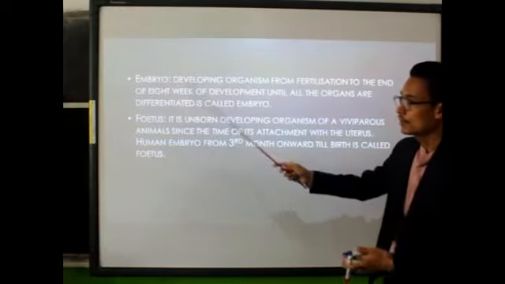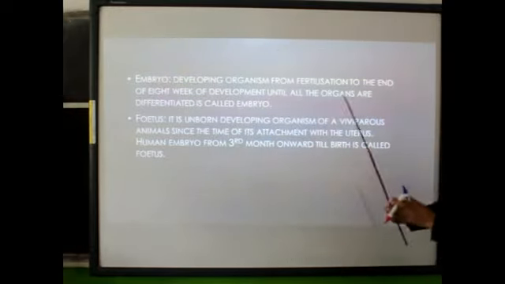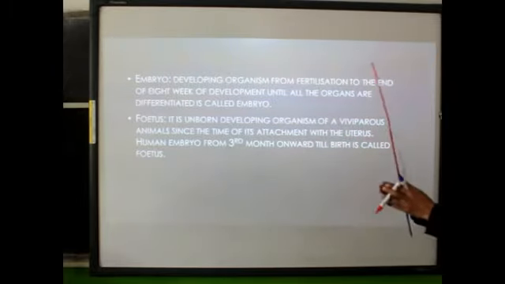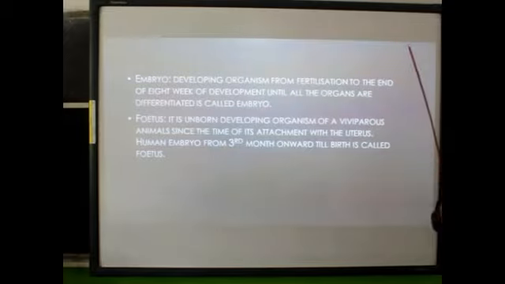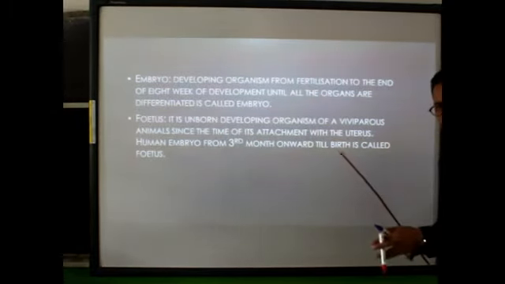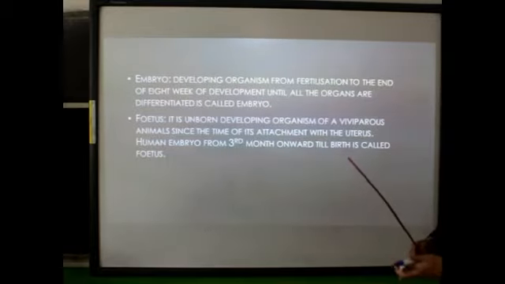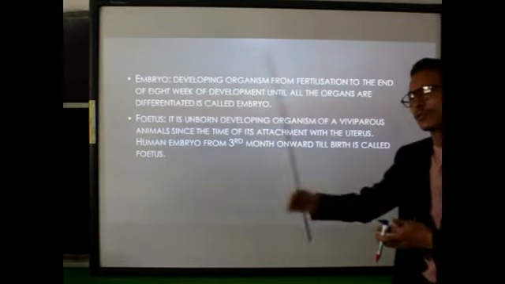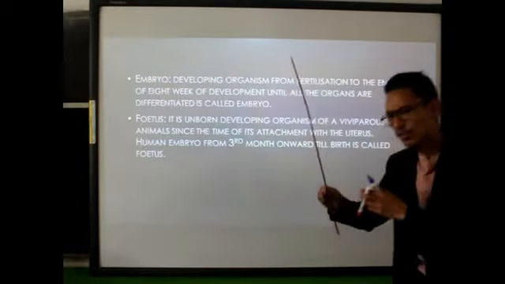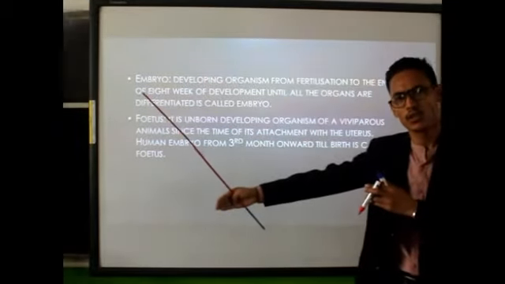Embryo means the stage that develops mainly from the time of fertilization. When the egg and the sperm fuse, a zygote is formed, a single cell, and that cell undergoes cleavage, leading to the formation of morula, blastula, blastocyst, and goes for implantation. That particular time period is usually called the embryo.